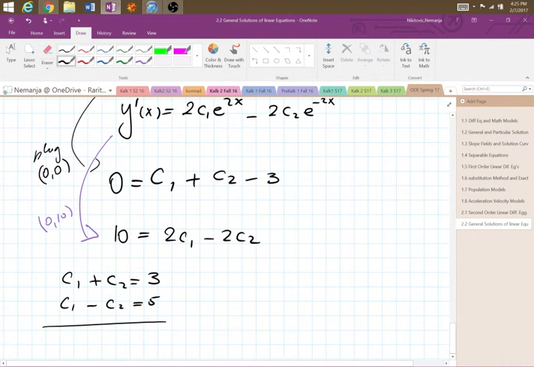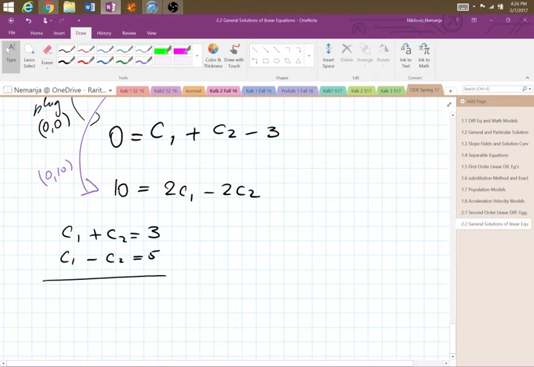So now you can solve this system with whatever witchcraft you know: substitution, elimination, or guess and check. So now we simply add these. C1 is 4, and C2 is clearly negative 1.